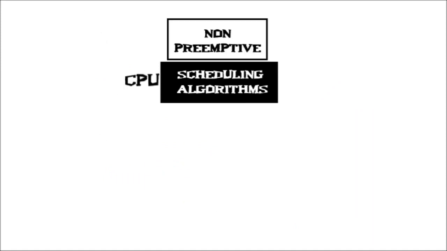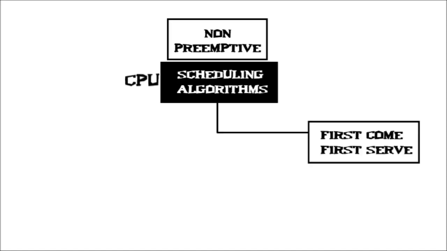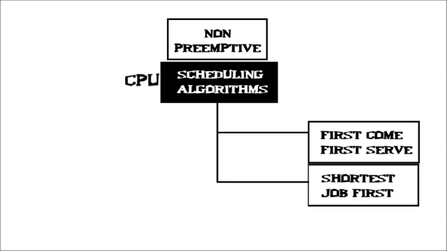Some examples of non-preemptive CPU scheduling algorithms are first come first serve. In FCFS, the processes are provided access to the CPU based on their arrival time in the ready queue. The process arriving first into the ready state gets access to the CPU first. Shortest job first.